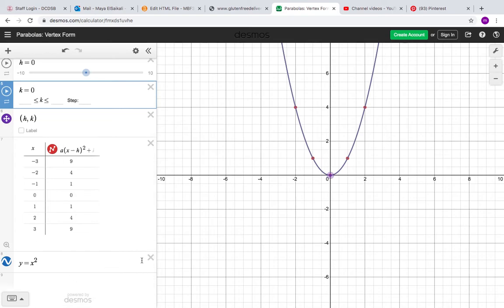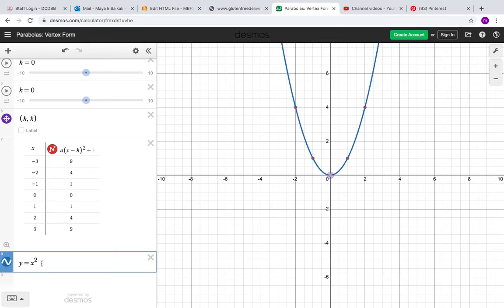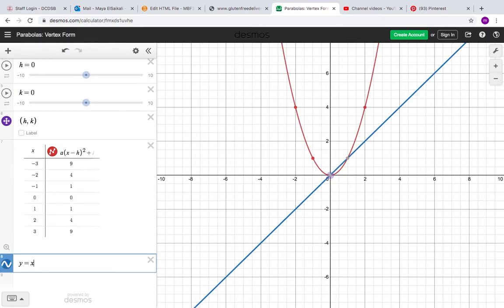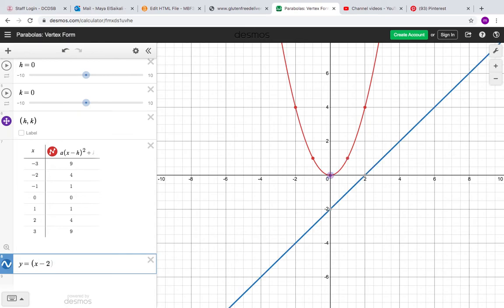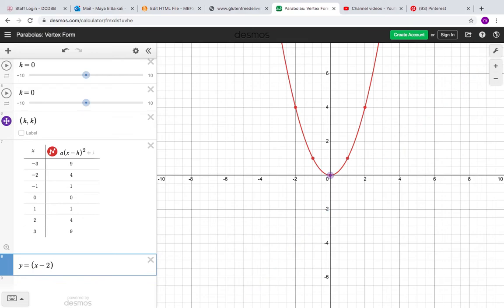Now, what if I have y equals (x minus 2) squared, so that is 2 units to the right, and then plus 3. You see right now that my original graph, y equals x squared, has moved 2 units to the right and 3 units up, causing my vertex to be (2, 3).